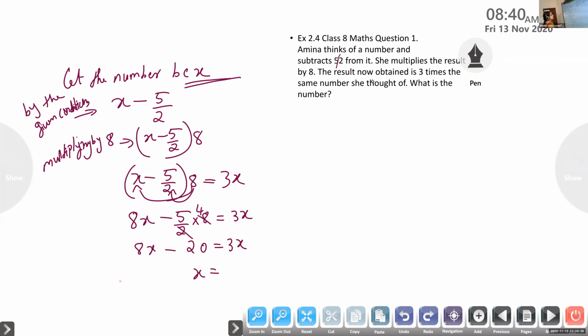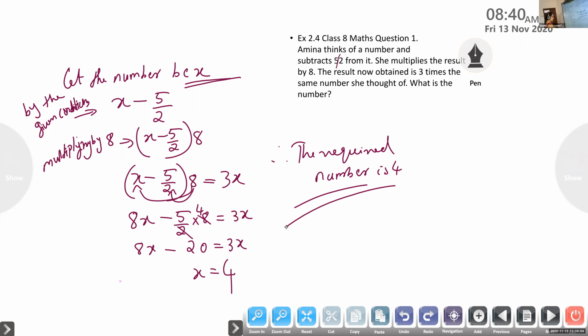What is the required number? 4. The required number is 4. Write the answer in that way.